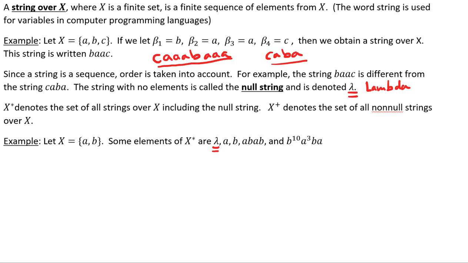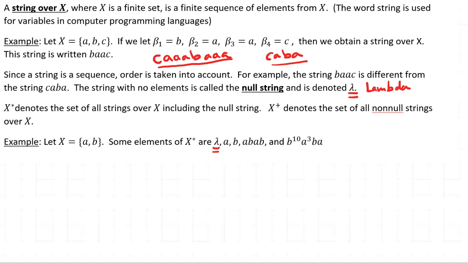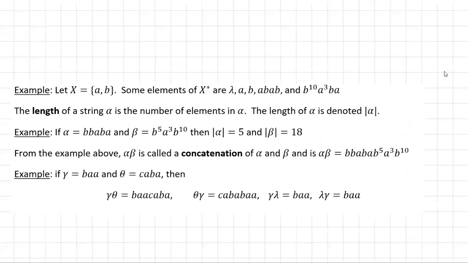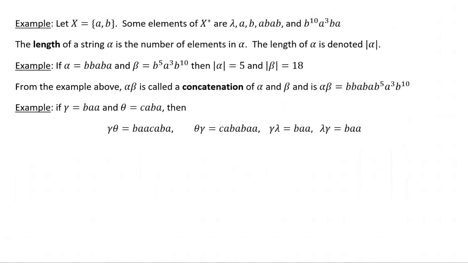I want to talk about some other examples here. Let's say X is the set of A and B again. Some elements of X star are this, which we just talked about, so ignore that. Snip tool error.